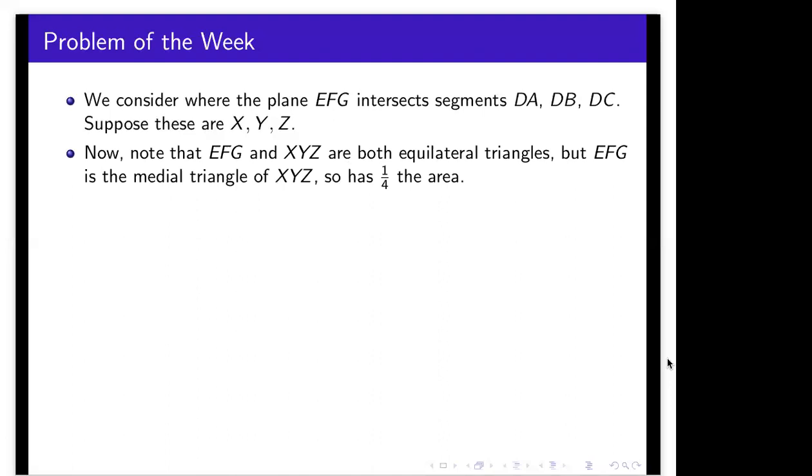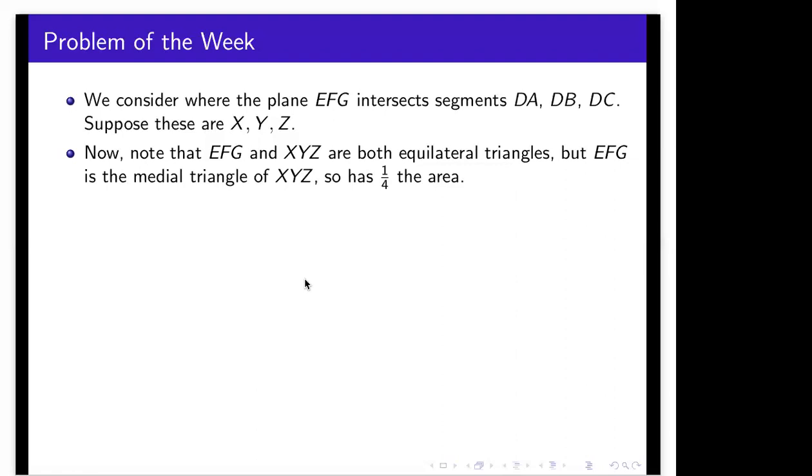So this tells us in particular that EFG has 1/4 the area of XYZ because it has half the side length, right? That's nice information to know.